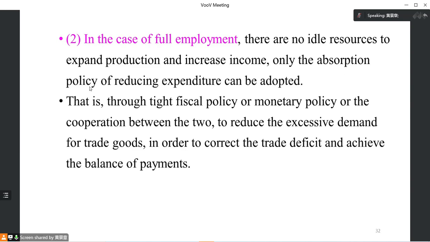Only the absorption policy of reduced expenditure can be adopted. That is, through tight fiscal policy or monetary policy, or the cooperation between the two, to reduce the excessive demand for trade goods in order to correct the trade deficit and achieve the balance of payments.